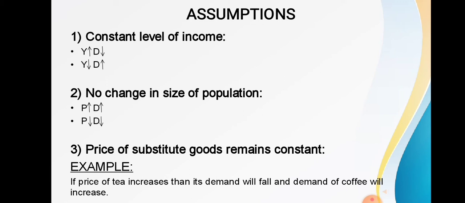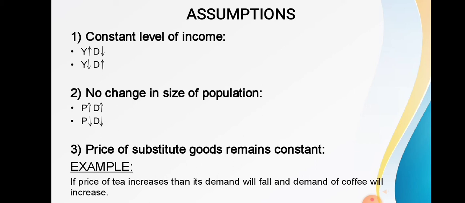Now let us see the second assumption. What is the second assumption? No change in the size of the population. The population of the country should remain constant. If there is an increase in the population, demand is going to increase, or if there is a decrease in the population, the demand is going to decrease.